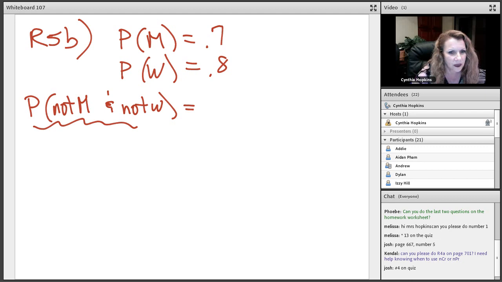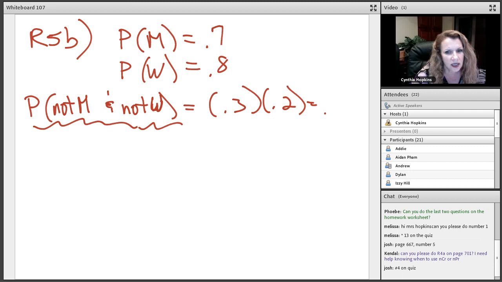It's the capital M stands for Mr. Ree's car will start, and the capital W stands for the woman's car will start. So this is not and not. And so his not is 0.3 and her not is 0.2, for a product of 0.06. Okay, so 6% chance that neither car will start.